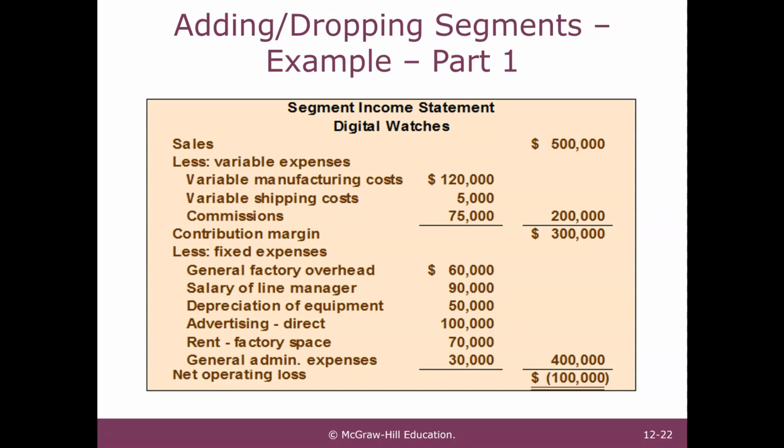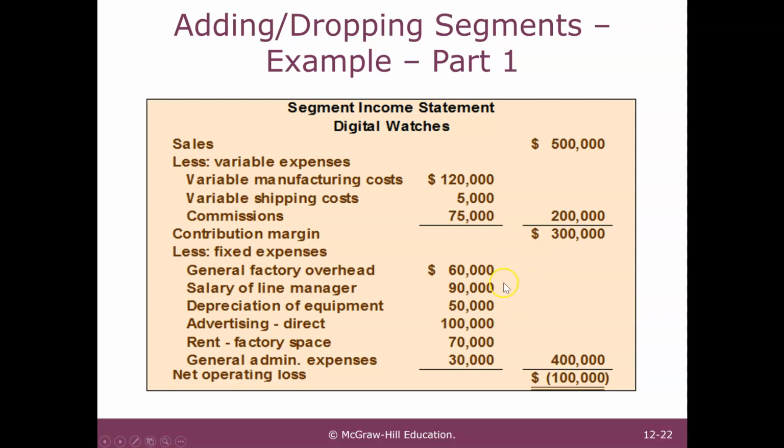Okay, this is a simple income statement for the digital watches. You see that they have sales of $500,000, and then they have variable expenses of manufacturing costs, shipping costs, and commissions, which is $200,000, which gives them a contribution margin of $300,000. And this is the part that goes towards the rest of the company.